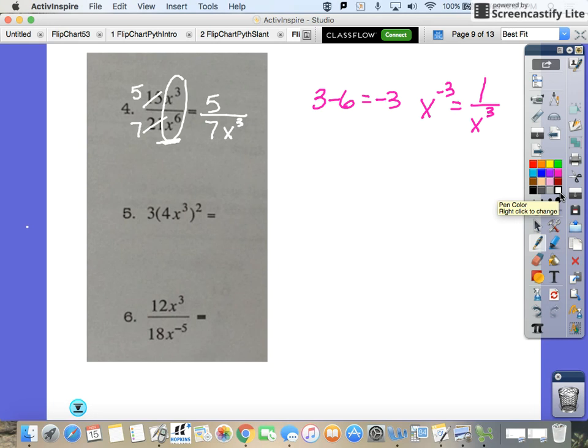The next example has a coefficient and it has an exponent. If there's an exponent and multiple terms on the inside, you need to distribute that exponent, essentially. So what we'd have is the 3 would remain, and we'd have 4 squared, and then x cubed raised to the second power.